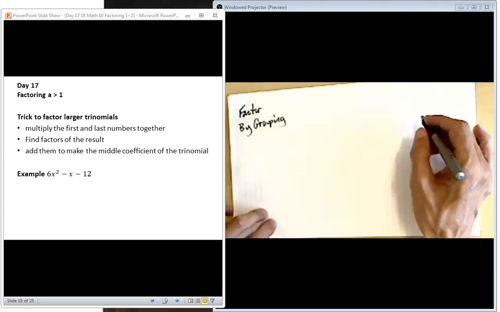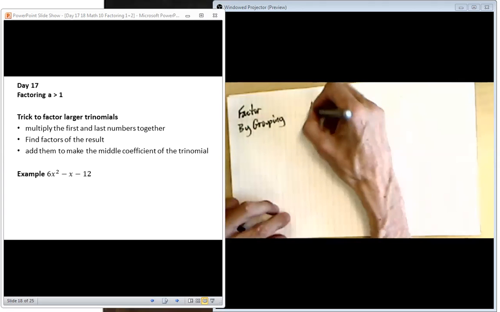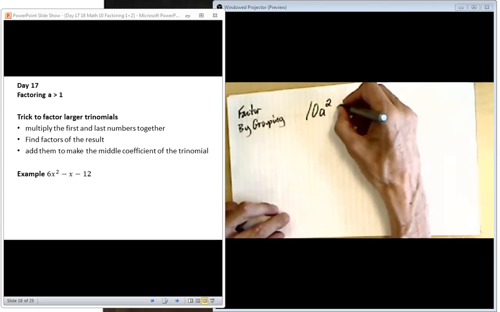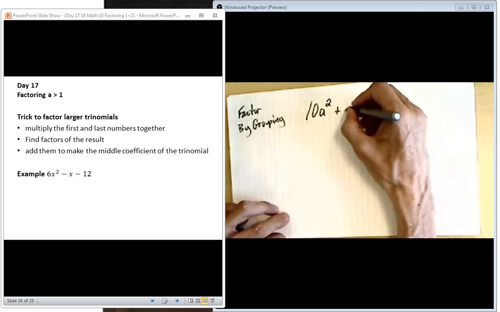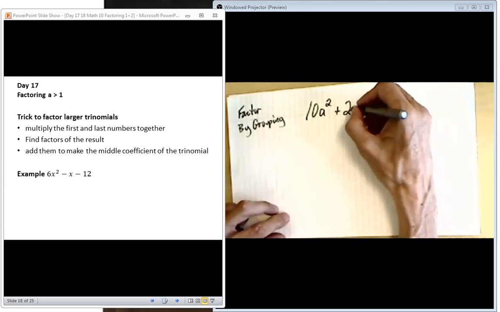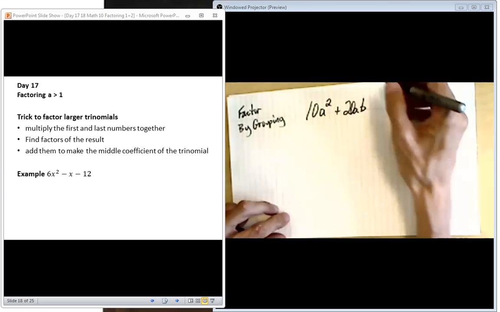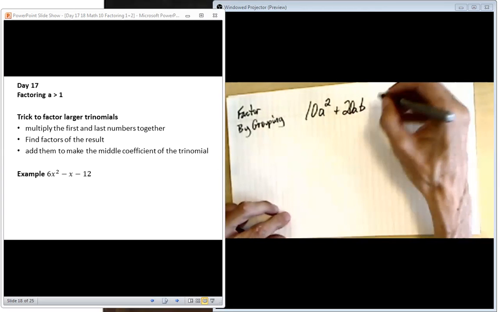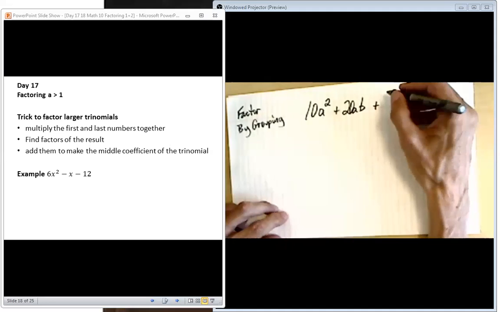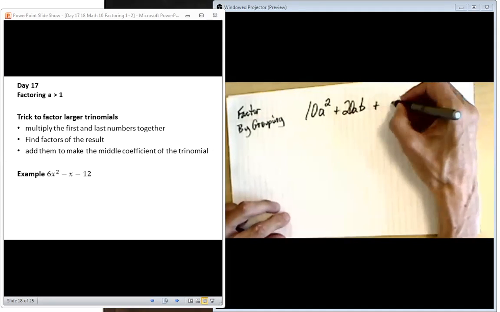So let's say we got 10a squared plus 20ab. Oh, I said 20ab there. Plus, what's going to come out?